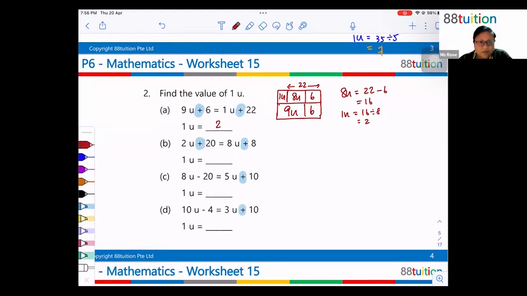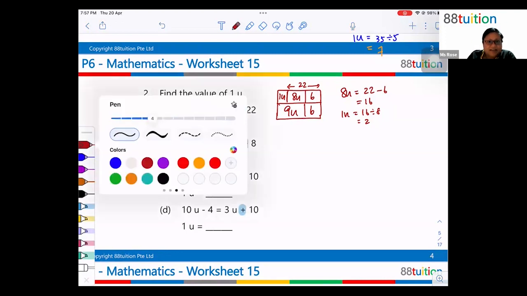Okay, so what's the question for your 2C? Can you read it out for me? 8U minus 20 equals 5U plus 10. Okay, so it's the same as mine. Very good.